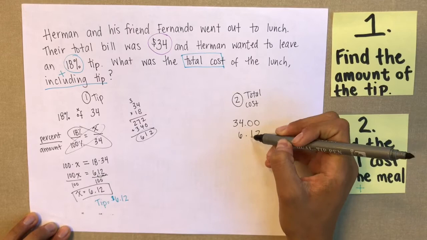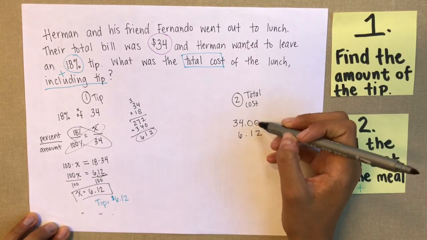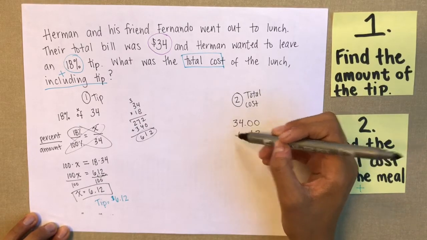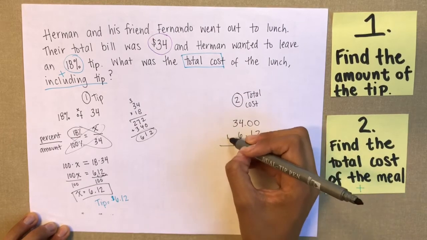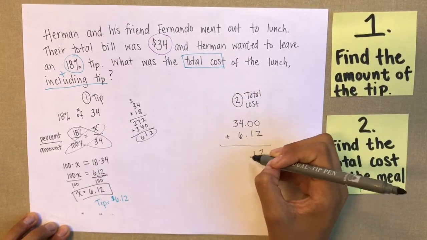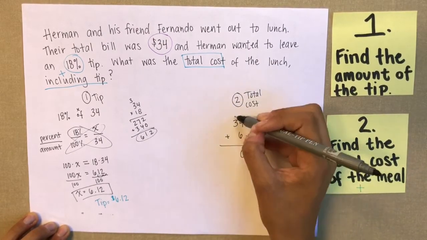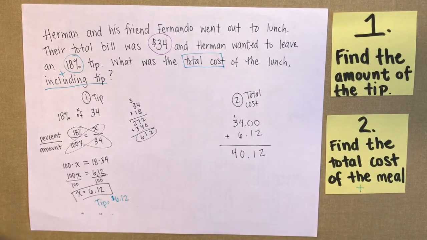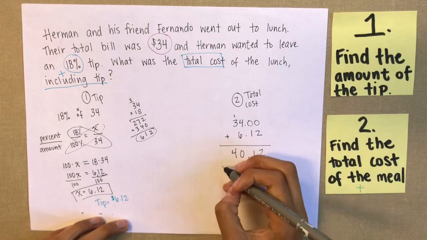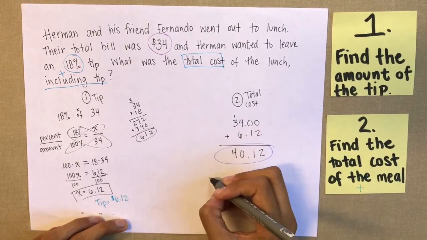Don't forget to line up your place value. Here I have hundredths, tenths, ones, and tens. Right, so my total amount is going to be $40.12.